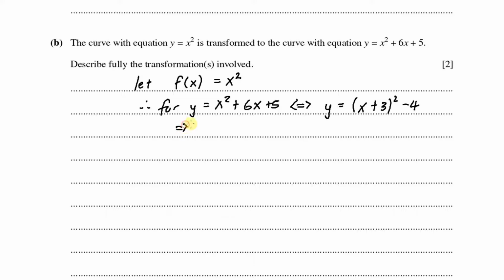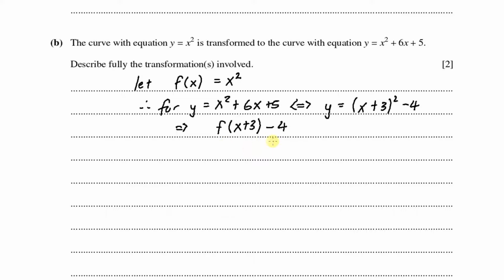So we can say that for (x plus 3) squared minus 4, in function notation, we can write that as f of (x plus 3) minus 4. So we now have the equation y is equal to x squared plus 6x plus 5 in function notation as f of (x plus 3) minus 4.